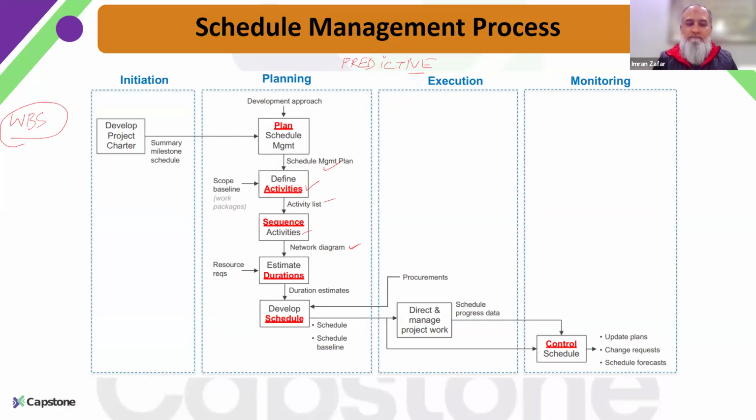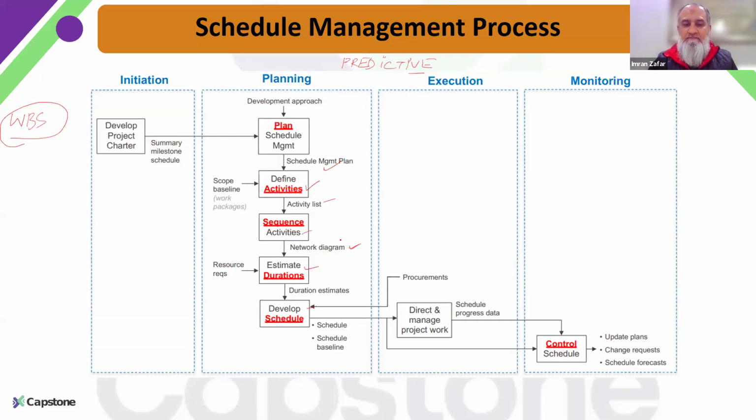Once we know that, we can estimate duration, that is, how much time or how many resources will be required to complete that particular activity. Once we are done with the estimation process, this will help us build our schedule, where we have the activity list, we know the network diagram and how different activities are related to each other, and we know the overall duration of our project from start to end.